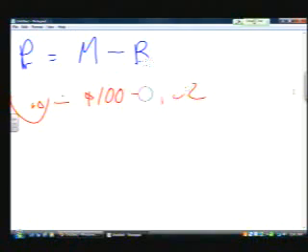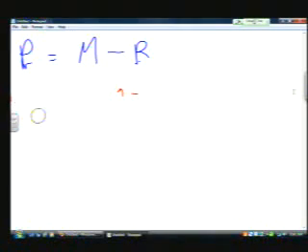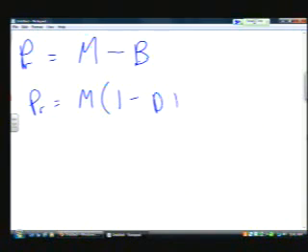All right, so now let's see if we can derive this next formula, okay? The formula that your author is talking about here is this. The proceeds, P, is equal to M times (1 minus D times T).